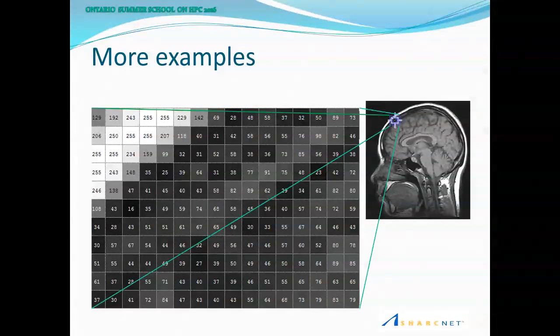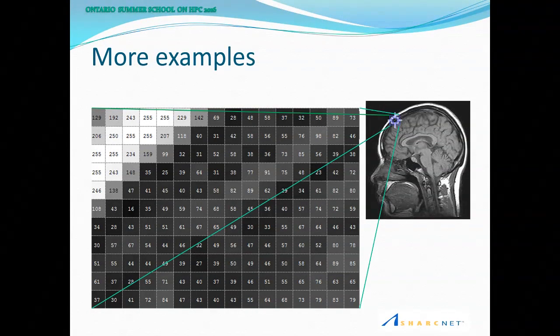Also, a lot of pictures, 2D pictures, actually are 2D arrays of numbers. So here, if you zoom in on the CT images, zooming at one spot, you actually find that there are numbers behind them, just a 2D array of numbers.